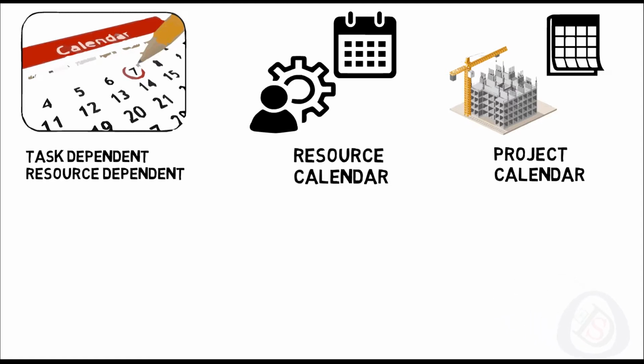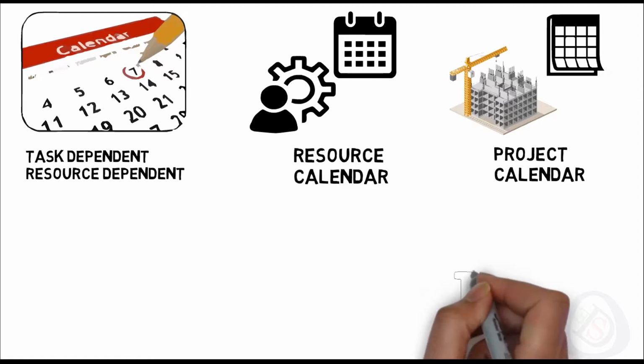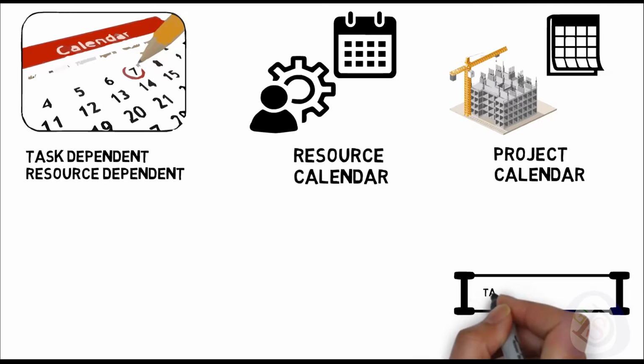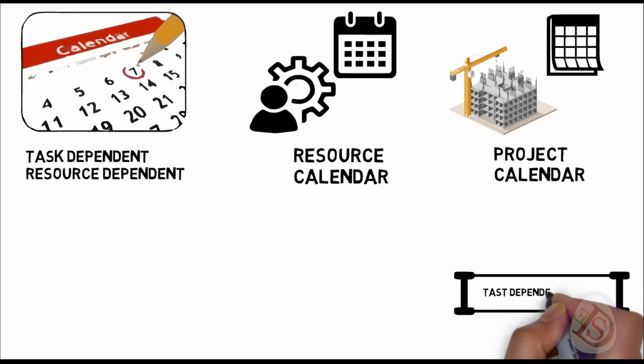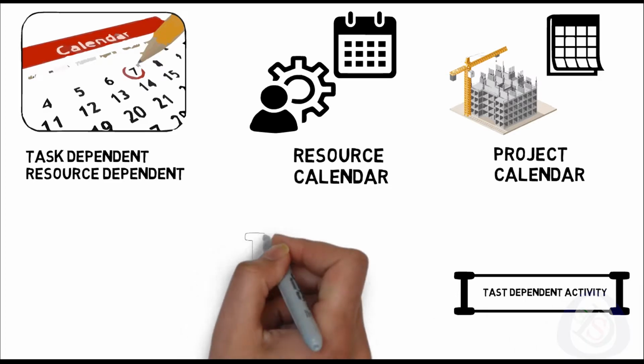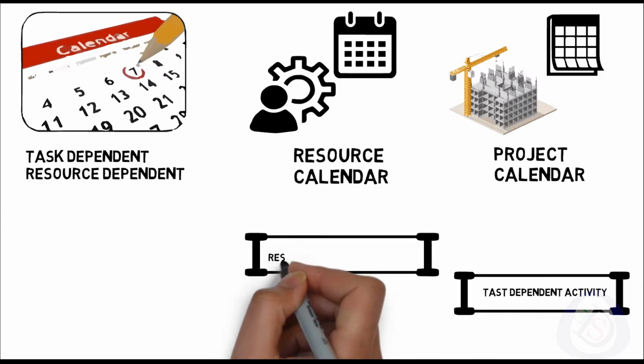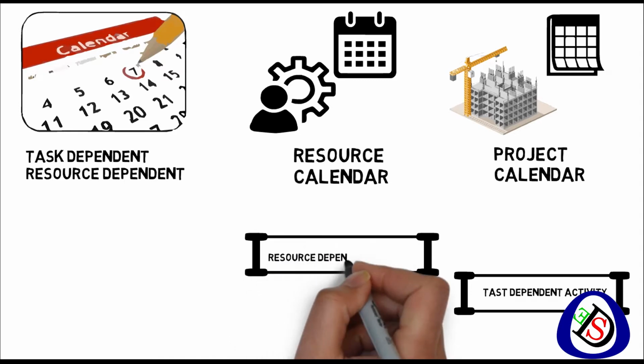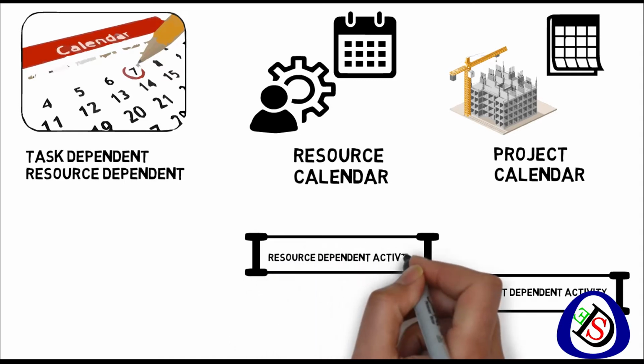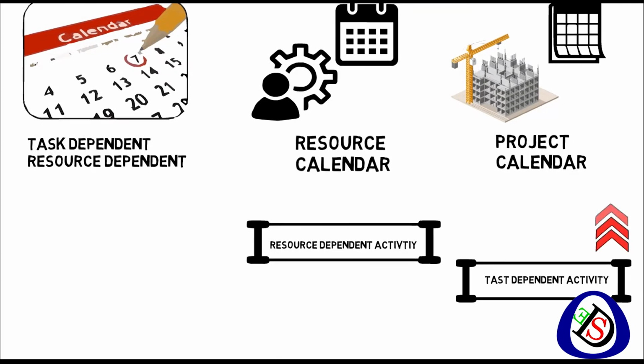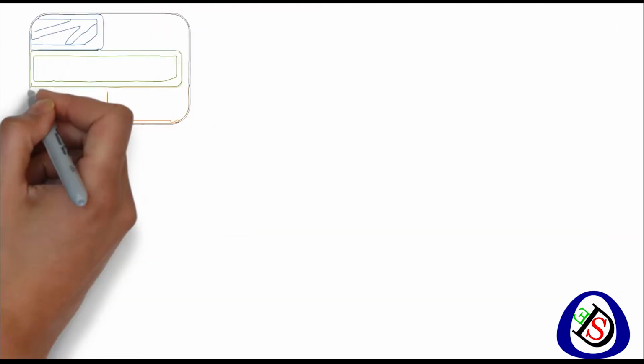When no resources are assigned, these activities use the project calendar, and when resources are assigned, they use the resource calendar. So task dependent activities use only the project calendar, and resource dependent activities use the resource calendar.